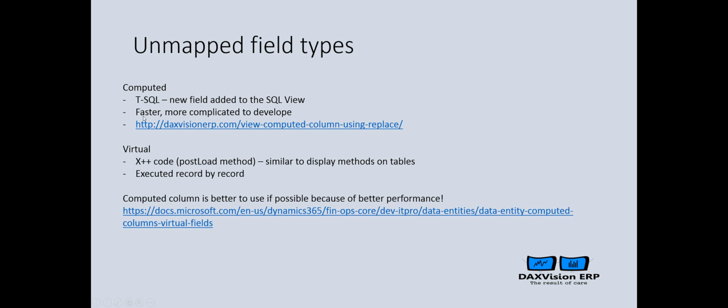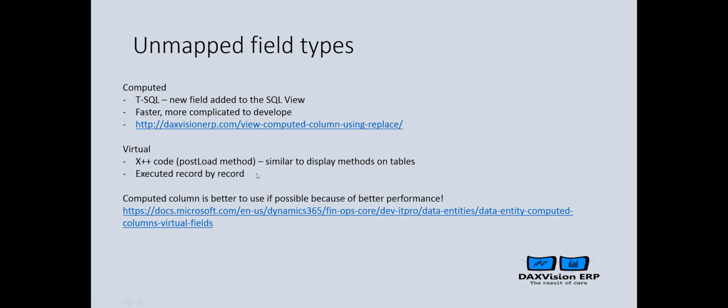That's why it is faster, but it is more complicated to develop. I have some blog posts. You can have a look at how to create a quite complex computed column in a view in AX D365 or 2012. It is the same for data entities.